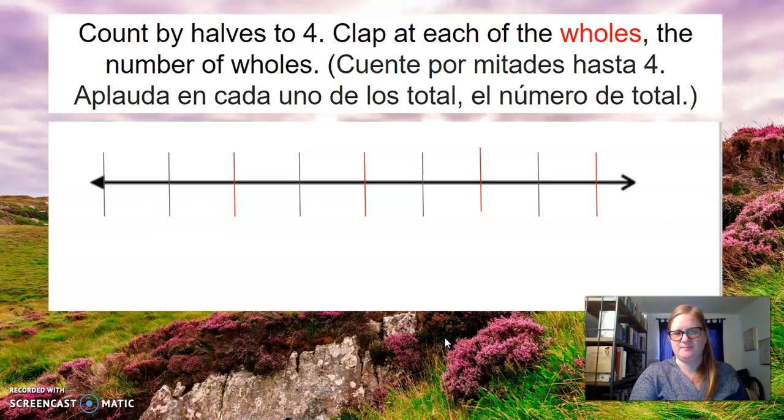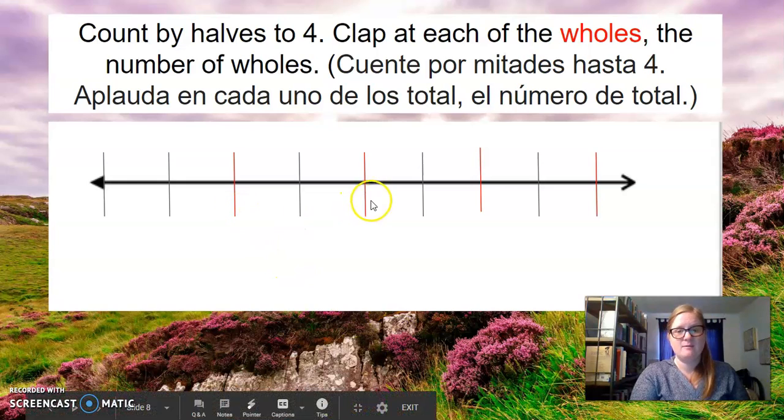But before we get started, we're going to count by halves to 4. You're going to clap at each of the wholes, and those ones are going to be in red.